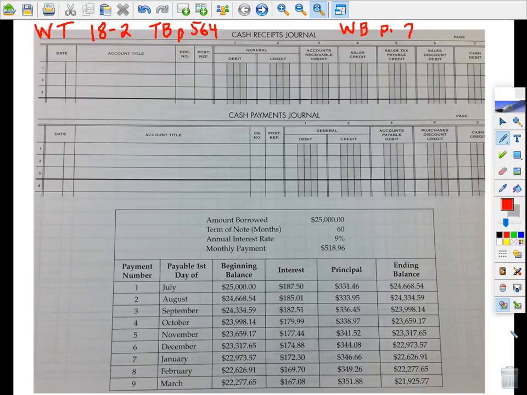This type of financing is used to help us acquire what we would call plant assets, big ticket items like machinery, equipment, it could be property, buildings, things that are going to be needed for us to expand our operations.